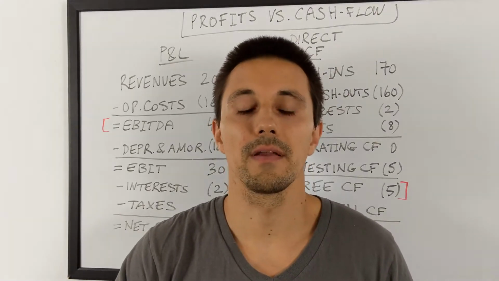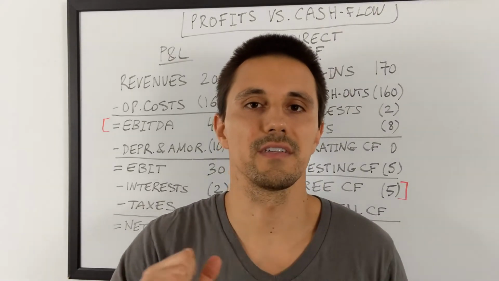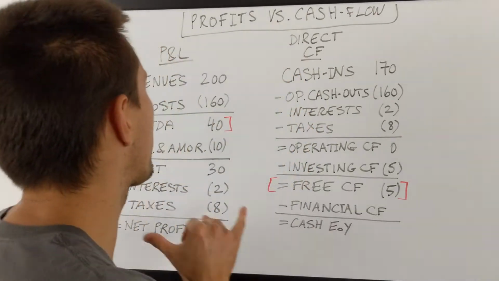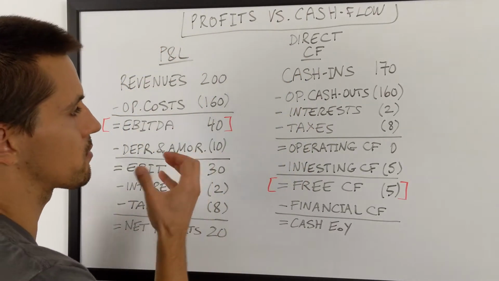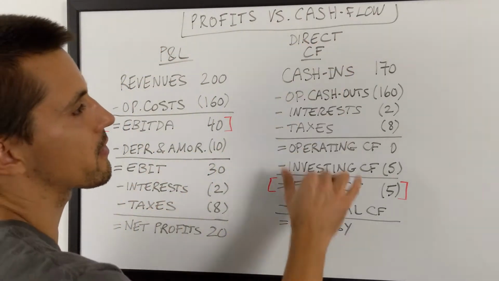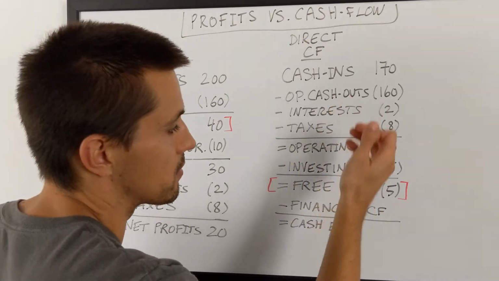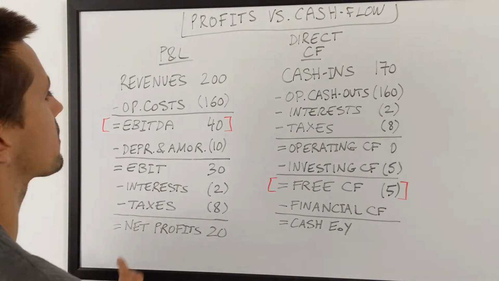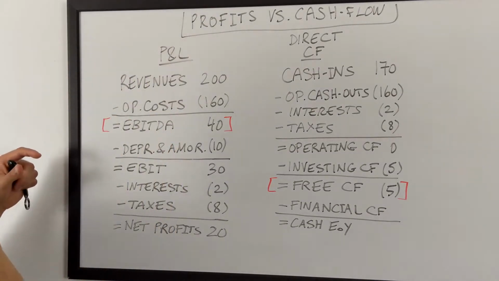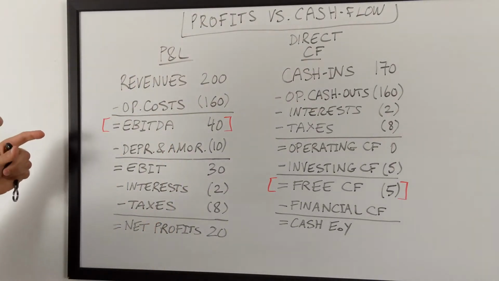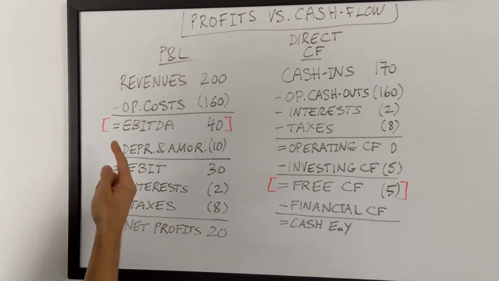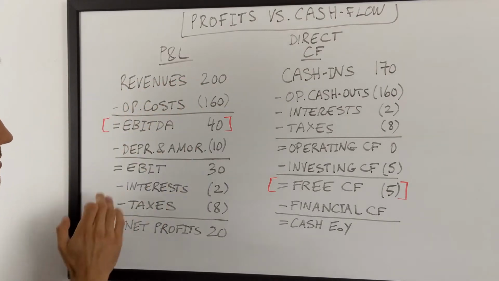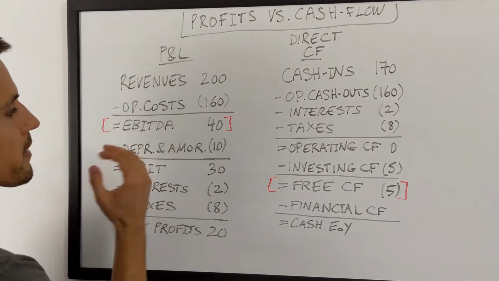The best way, in my opinion, to define the terms profits and cash flows is by looking into the P&L, where we get the profits out, and the cash flow statement, where we're getting, well, the cash flow out. So now let's look in detail at what we're talking about. First of all, in the P&L, that's a very basic P&L, you have the revenues minus the operating costs, leading to an operating profit.